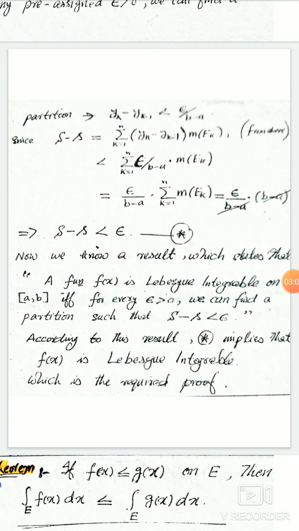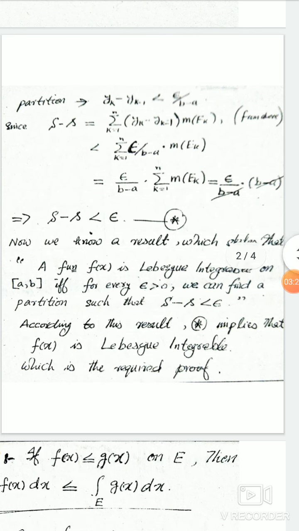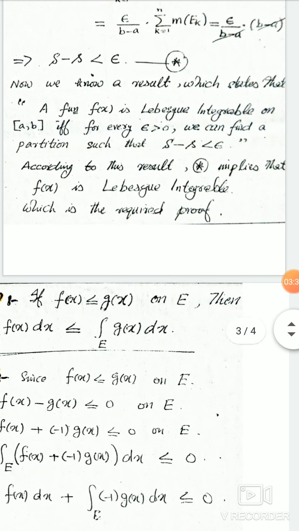For a particular partition, if we find capital S minus small s is less than epsilon, it means that the given function is Lebesgue integrable, because there is an if and only if condition. So from the start we have proved that capital S minus small s is less than epsilon. According to this result, star implies that f(x) is Lebesgue integrable, which is the required proof. It means that if the function is bounded and measurable, then it is also Lebesgue integrable.